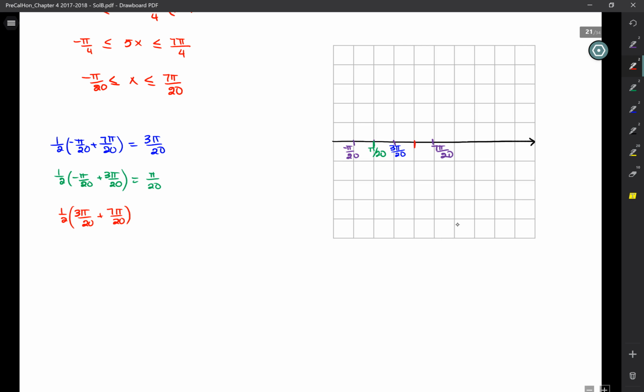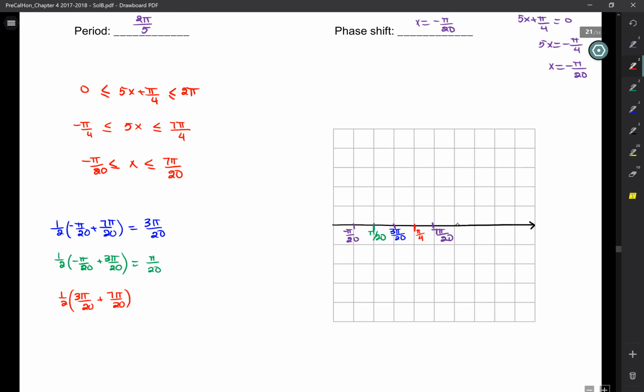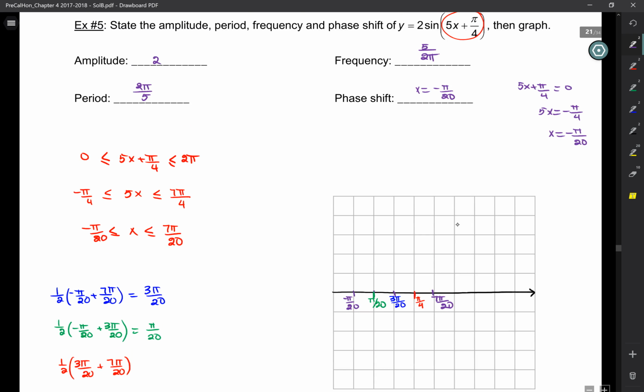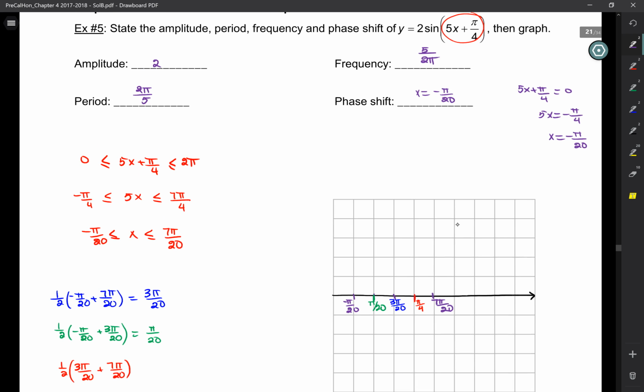Okay. Are we okay with this? So now, we're graphing a sine, okay? And it's got an amplitude of 2.